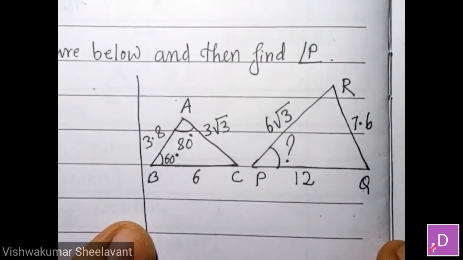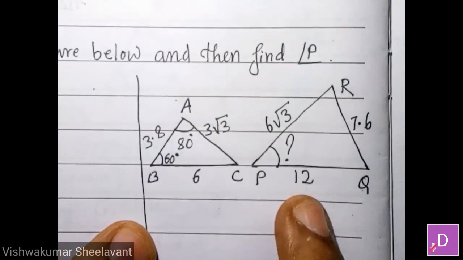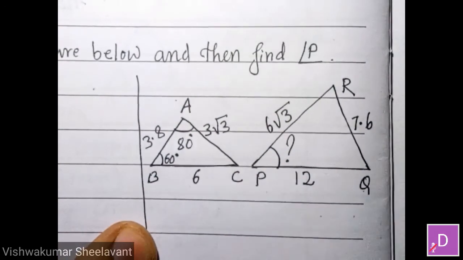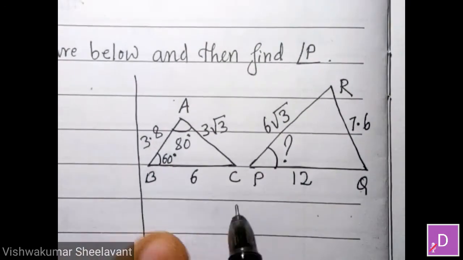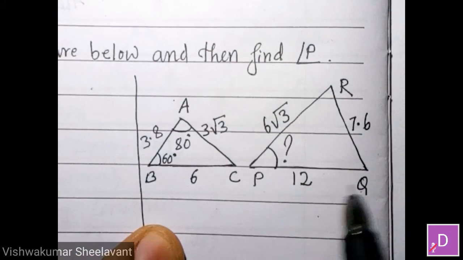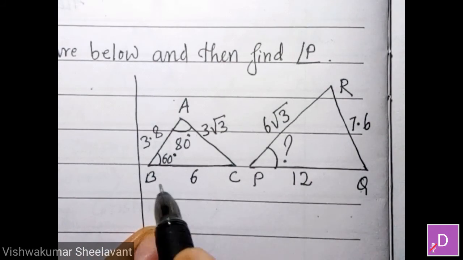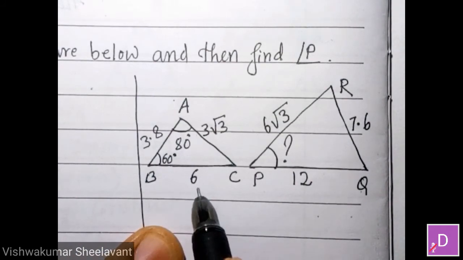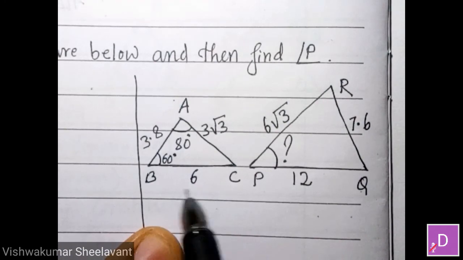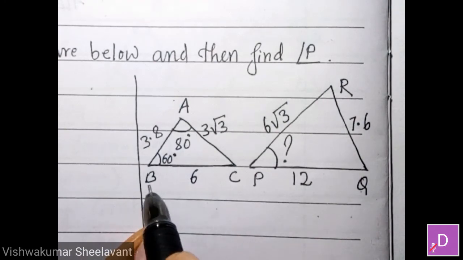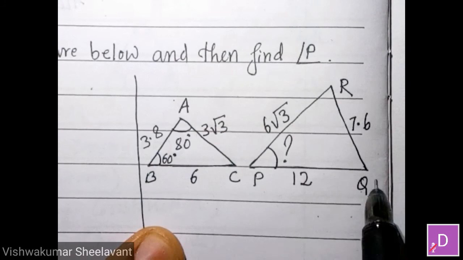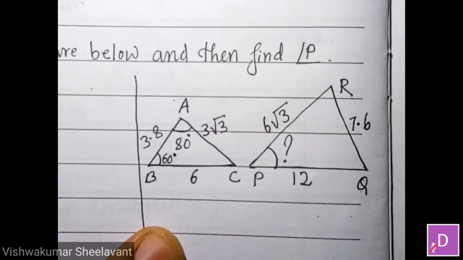you look at these two triangles, they are side by side, so I am considering these two triangles. PQ is 12, BC is 6. But I cannot say that BC and PQ are corresponding sides. BC may be corresponding to QP also.